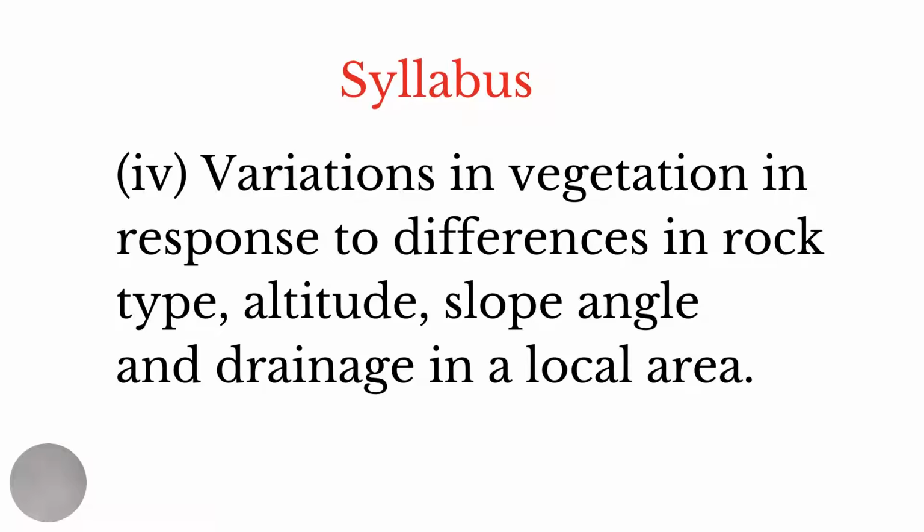And that is also going to influence the type of vegetation that we see from one place to another on the map. Vegetation will also vary according to the nearness to the coast. We will talk about that some more as we move along.